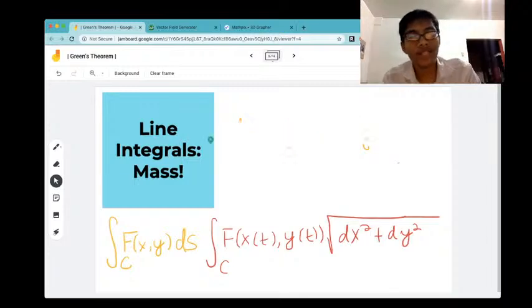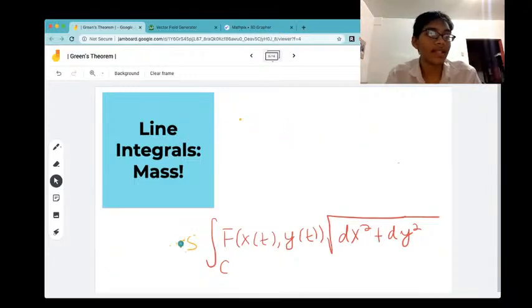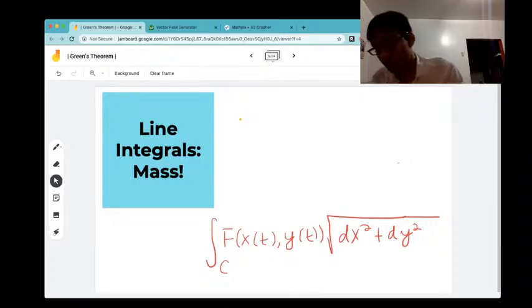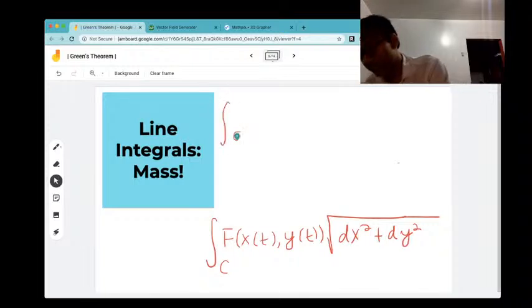Okay. So now how can we progress from this? Well, I just said we're going to multiply that radicand by dt over dt, which is effectively just 1, right? So let me just rewrite that radicand for a second. I'll have the integrand over the curve of f of x of t, comma, y of t, right?